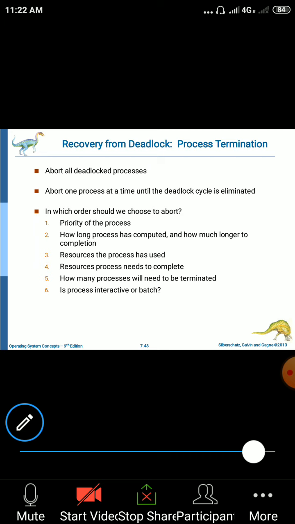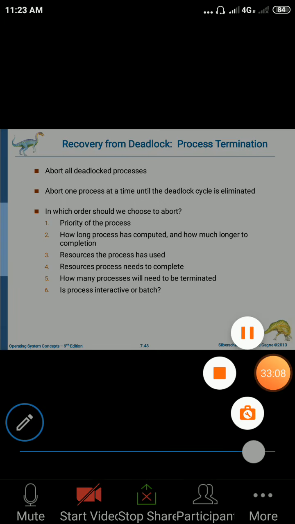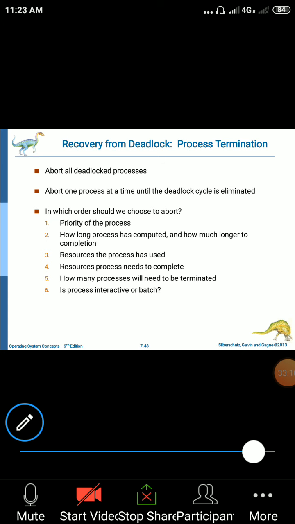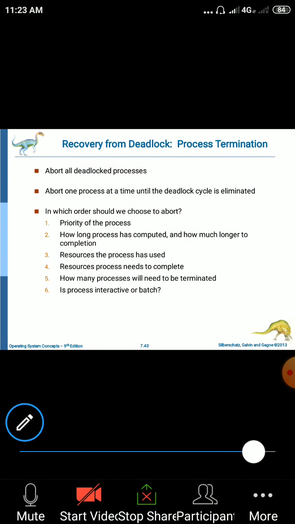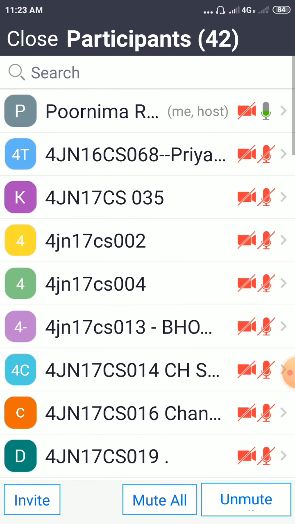So for any doubt in deadlock detection, or in the Banker's algorithm, or in the deadlock detection algorithm? The deadlock detection algorithm is similar to the Banker's algorithm. Any doubt? If no doubt, I'll stop my session. Any doubt? If no doubt, I will close my session.